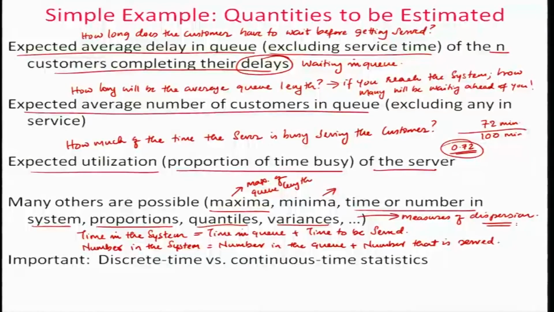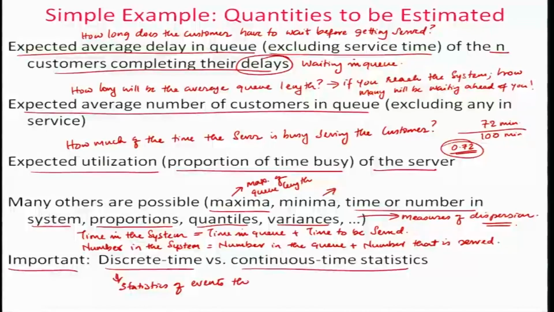And you should remember that we are talking about discrete time versus continuous time statistics. Discrete time statistics are of events that happen at specific time instances, like arrival.